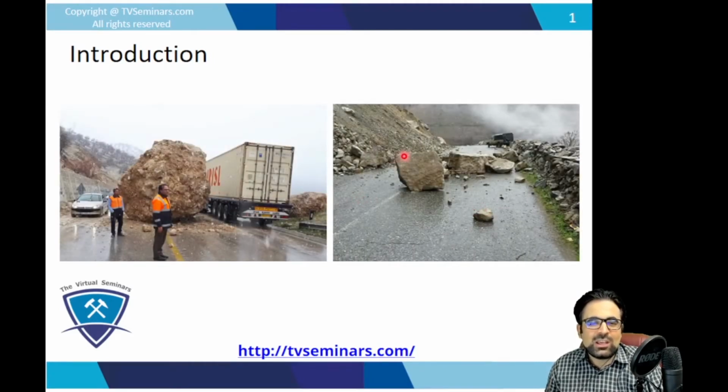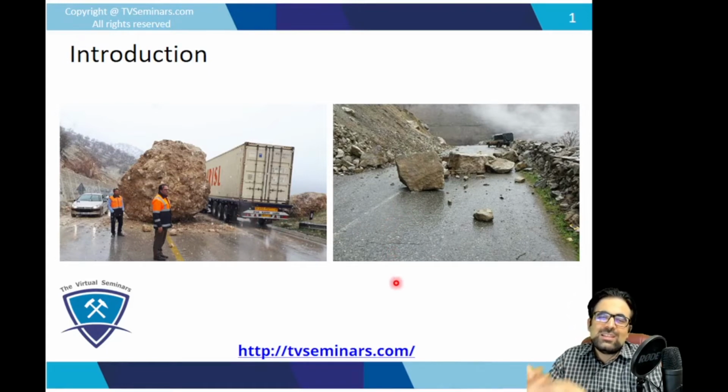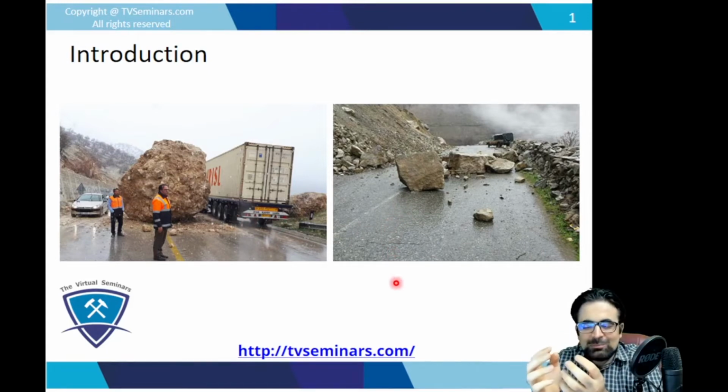are actually taken from two rockfalls that occurred beside suburban roads. What is a rockfall? It is simply the detachment of a rock block from a rock slope and then falling down, which can pose severe hazards to the downstream community.